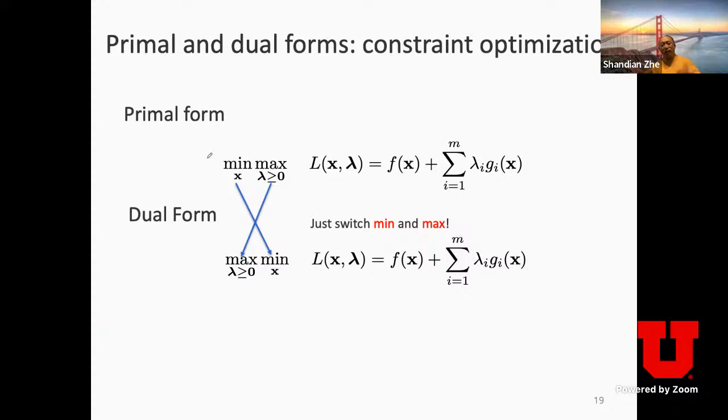That is, we first minimize the Lagrange function with respect to x, and then in the outer level, we maximize the Lagrange function with respect to the non-negative multipliers lambda. This is called the dual form. So it's the same as the primal form; the only difference is you switch the order of the optimization.